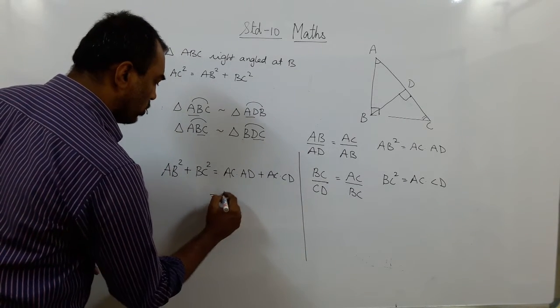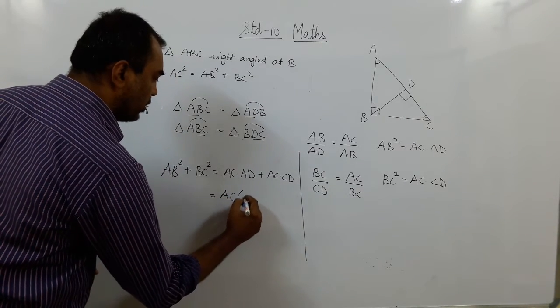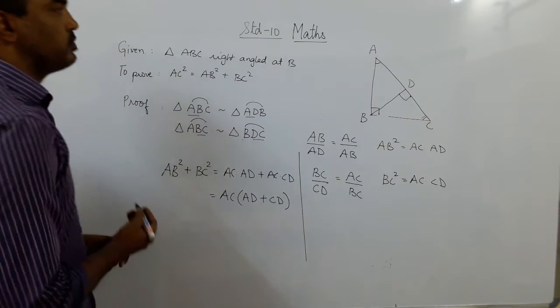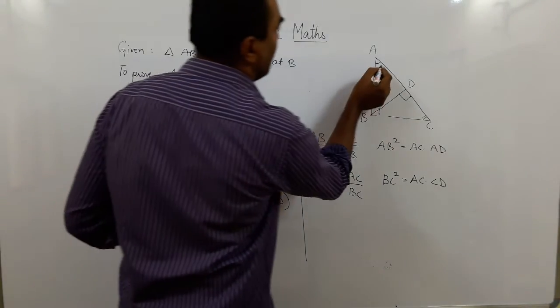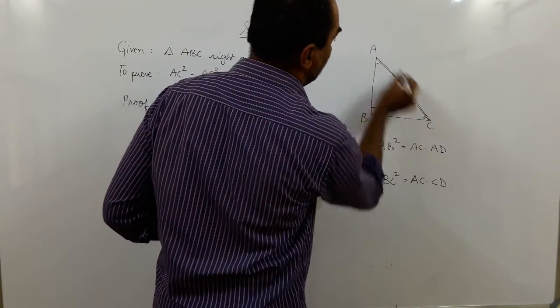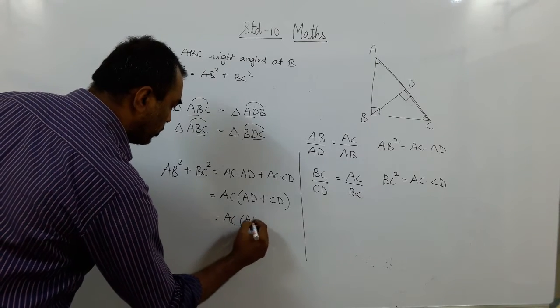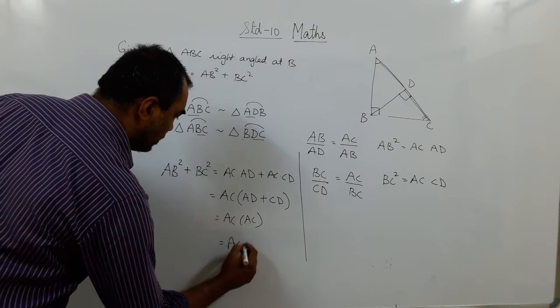AC is common to both. So I take the AC outside. What remains in the bracket? AD plus CD. So AD plus CD is AC. So I write here AC into AC is AC square.